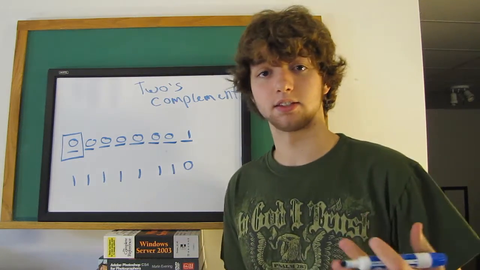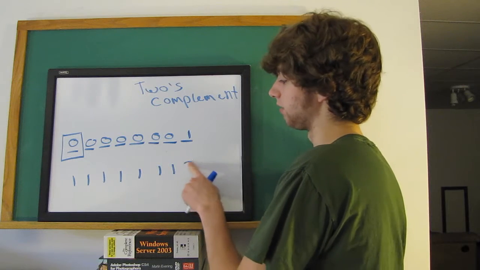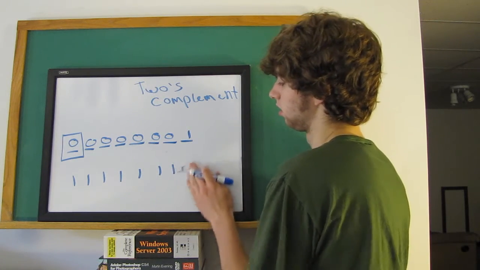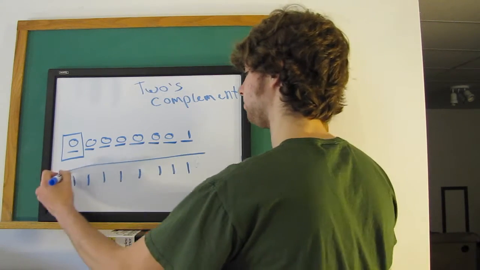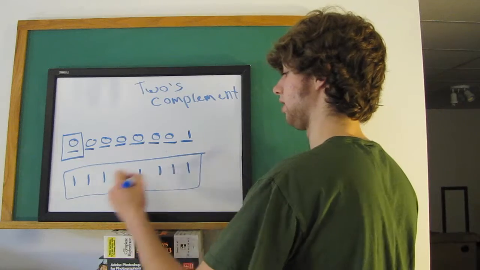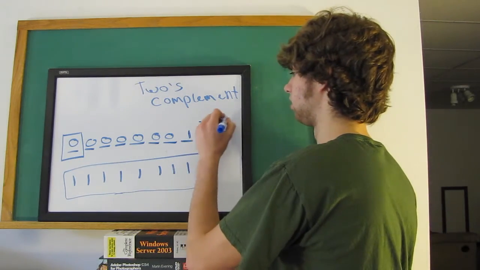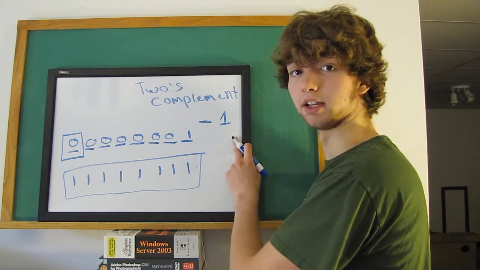And then the next step is to add 1. So this 0, if we add 1, is now going to become 1. So this number right here is a representation for -1. So that is -1.